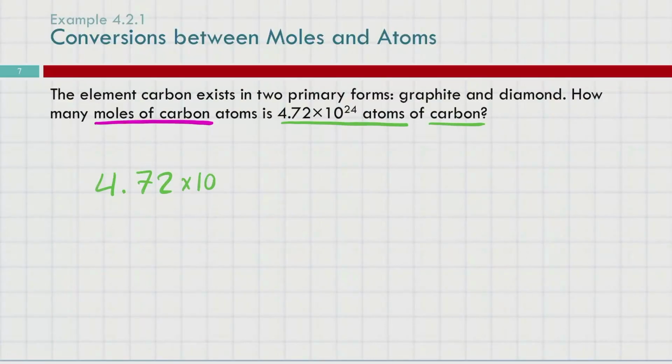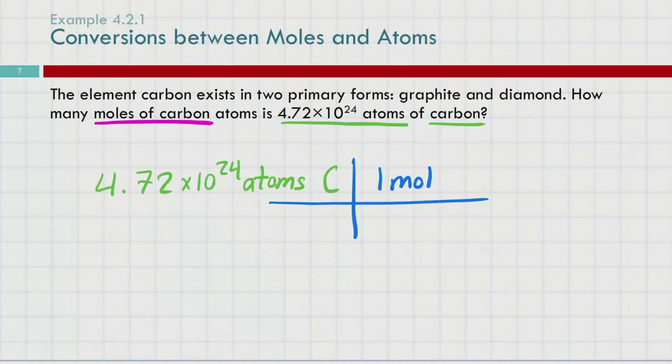4.72 times 10 to the 24, and we have two units. Our first unit is atoms. Our second unit is carbon. We can just write atoms and then the symbol for carbon, C. And we want to make this ridiculous number less ridiculous.